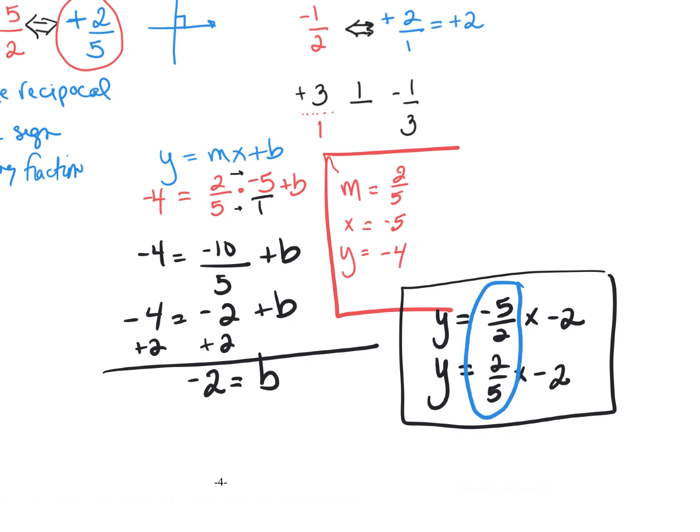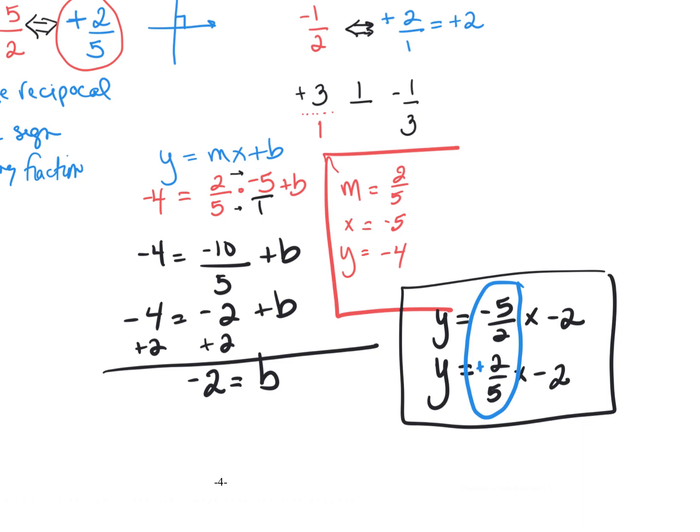These lines are perpendicular because, although we don't obviously write the positive sign, it is positive. So one's positive, one's negative. And the slopes are reciprocals of each other, where we flip that fraction.